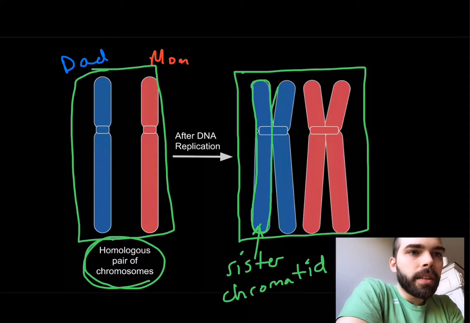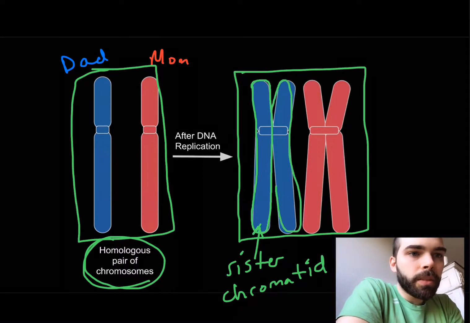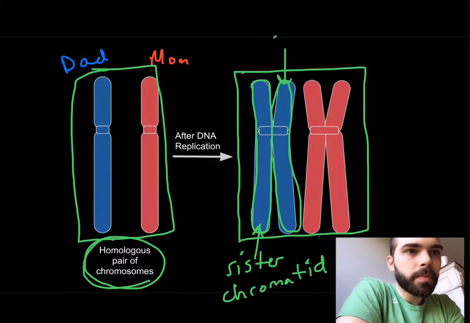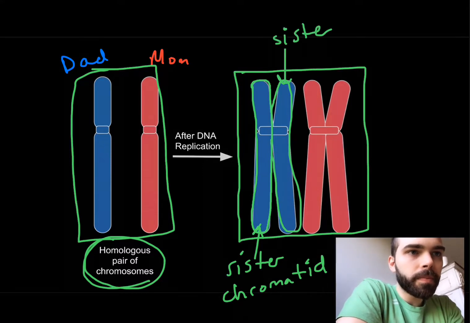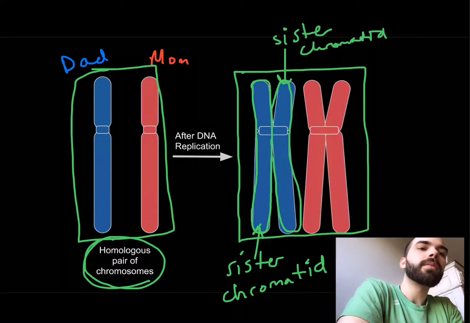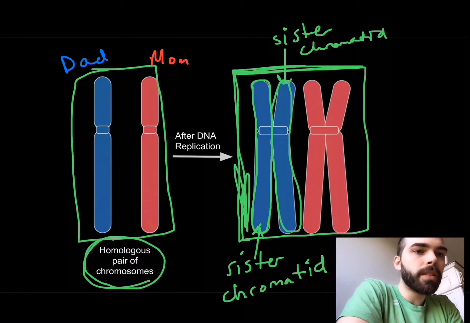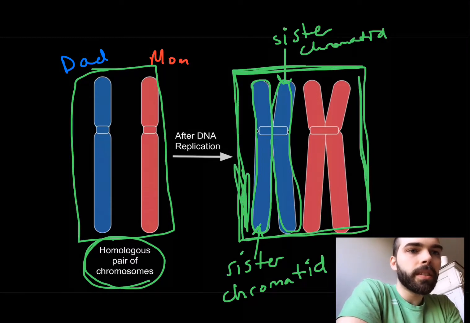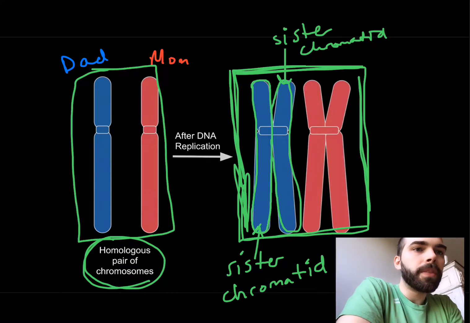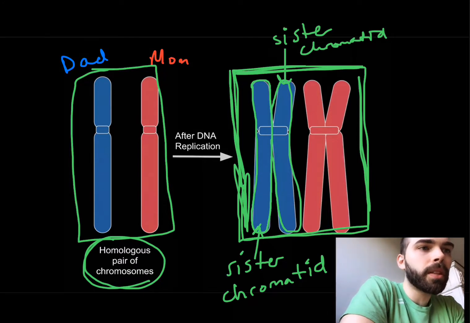And this is a sister chromatid as well. So, in this picture here, how many chromatids are there in total? Well, it looks like there are 2 sister chromatids from dad, and there's 2 sister chromatids from mom. So that would be 4 sister chromatids total.